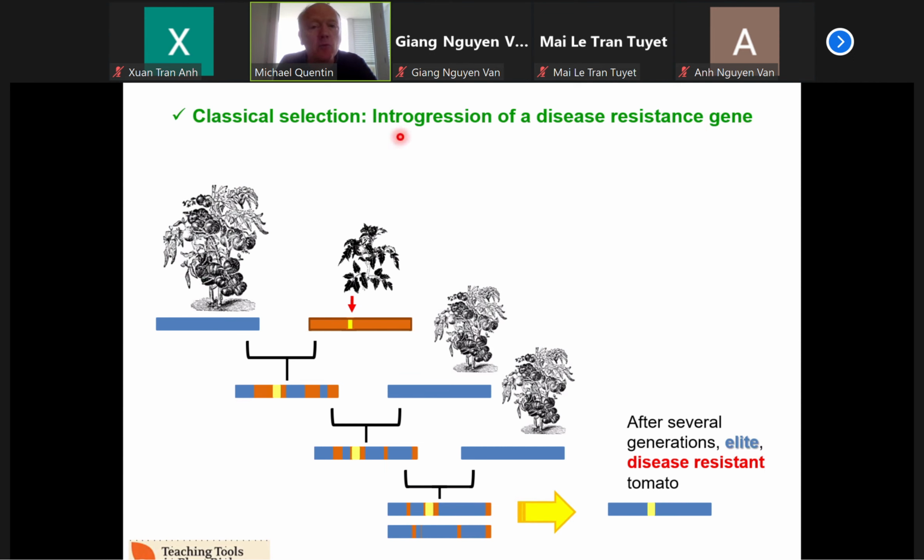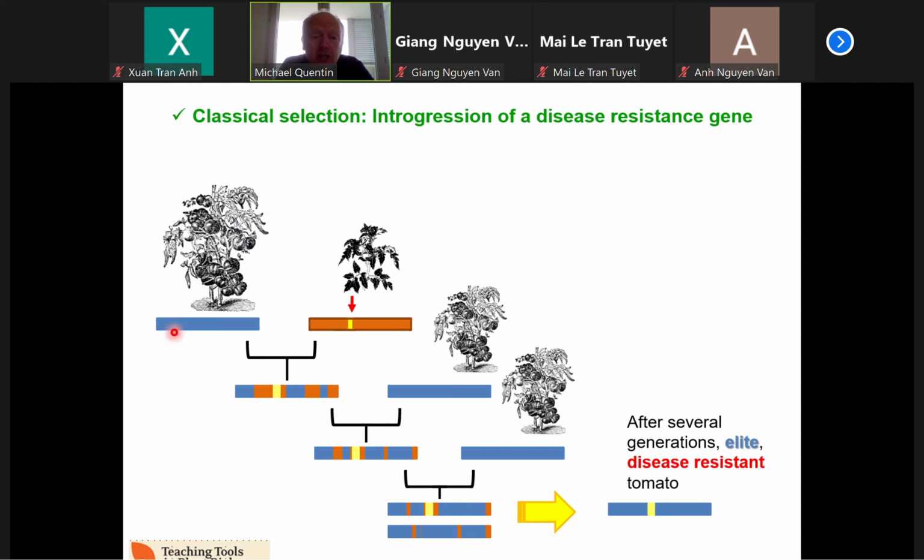And I gave you the example of the integration of a disease-resistant gene in a tomato elite plant. And I told you that this process of creating a new tomato variety resistant to a disease is a very, very long process.